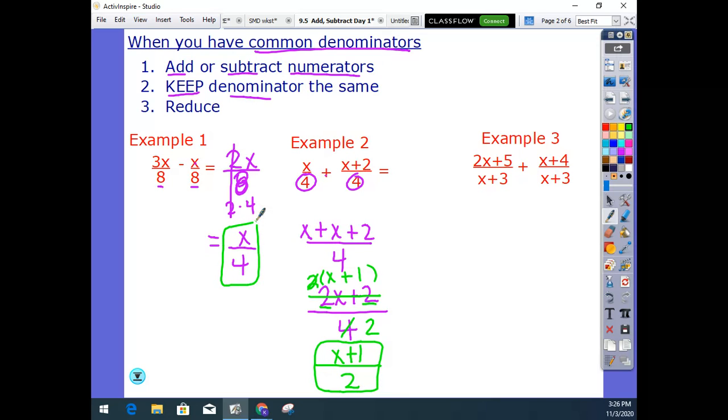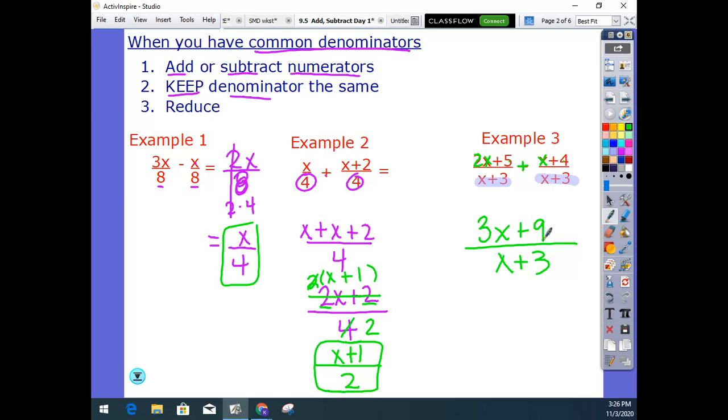All right. We have a common denominator, so I keep my common denominator and add the numerator. Now let's do 2x plus x, add like terms, 3x, 5 plus 4 is 9.